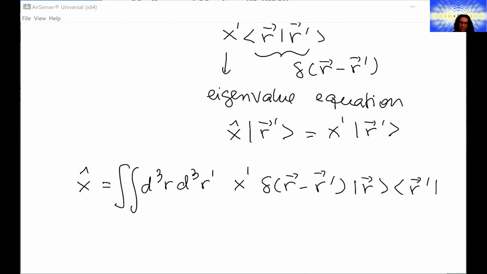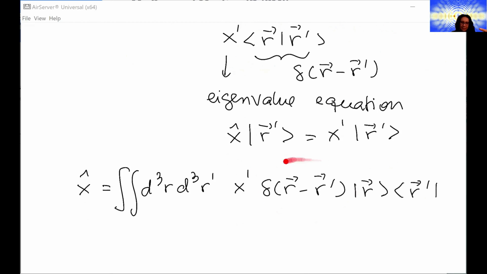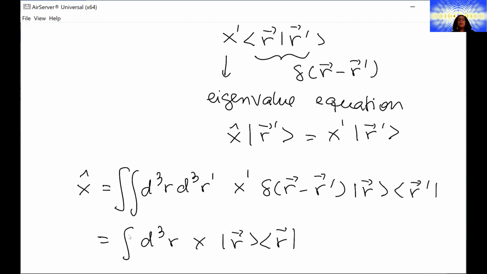So this means that r is going to be equal to r' because of this, right? So that in the end I get ∫d³r x |r⟩⟨r|, which is how you express the position operator, or specifically related to this coordinate x, in the r representation.